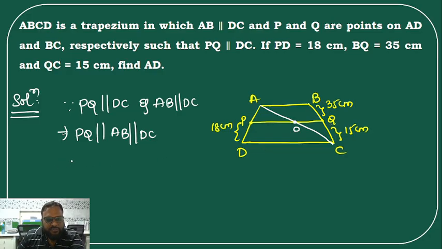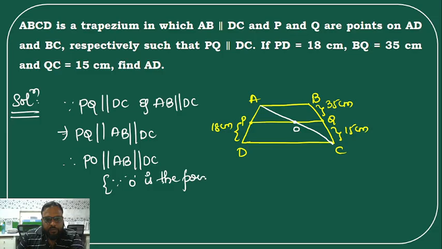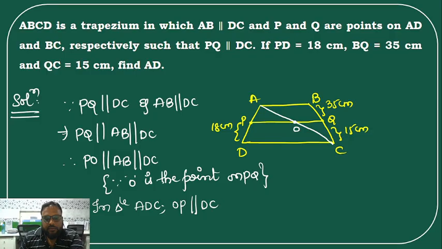So OP is parallel to AB is parallel to DC, since O is a point on PQ. Now we will consider triangle ADC. In triangle ADC, OP is parallel to DC.